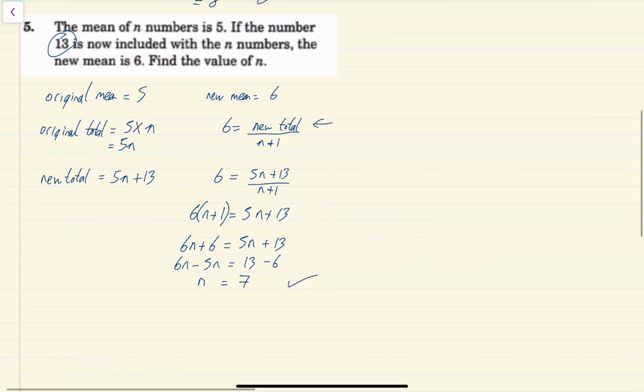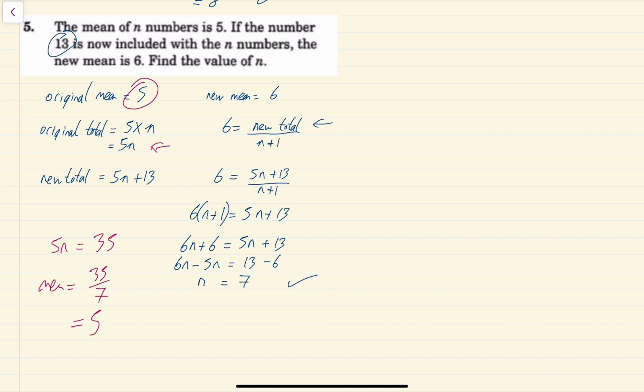I wouldn't do this in an exam, but just to give you a bit of confidence, if you originally had seven numbers, their total is going to be 5n, which is 5 times 7, so 35. The mean is 35 divided by 7, which works out to be 5, as we had.